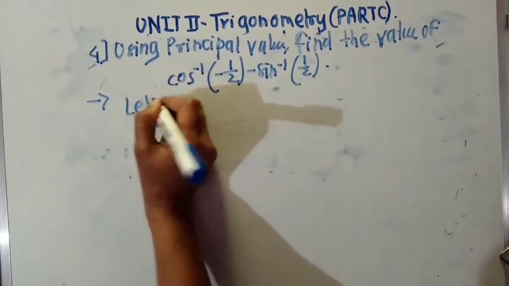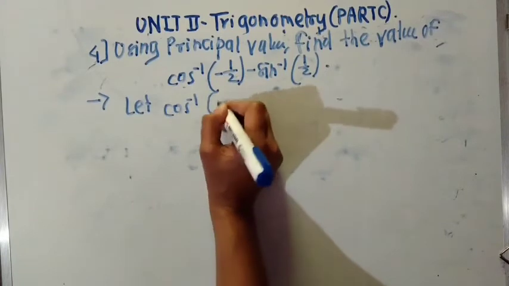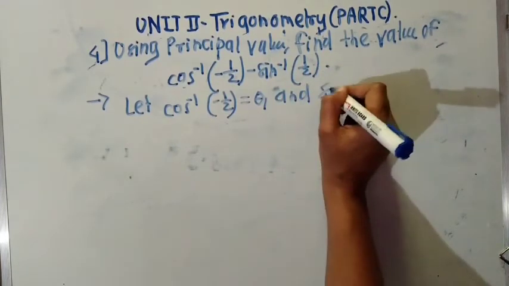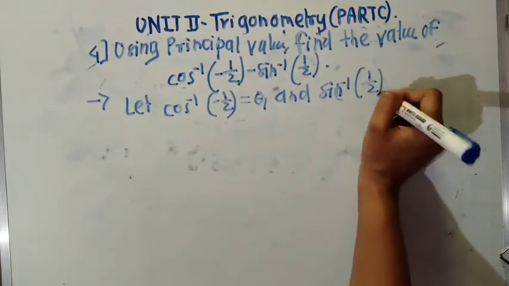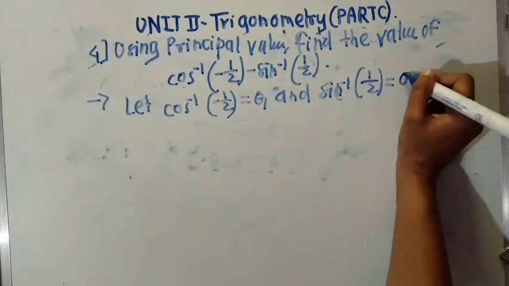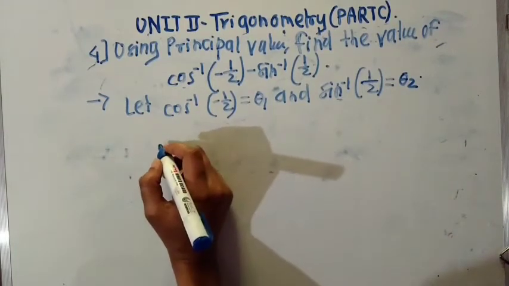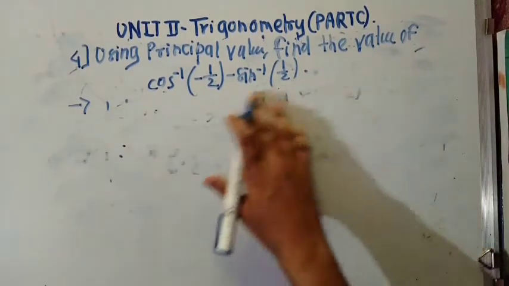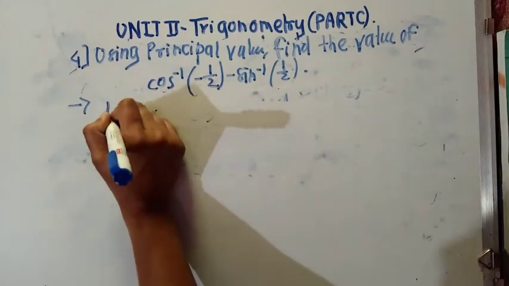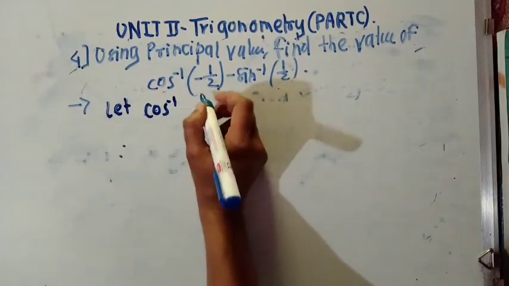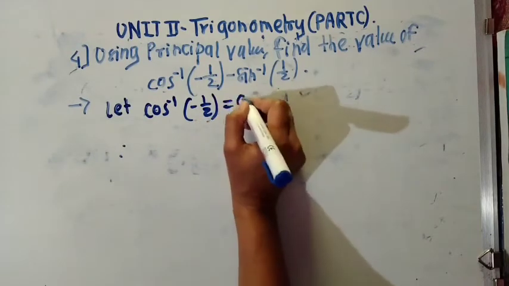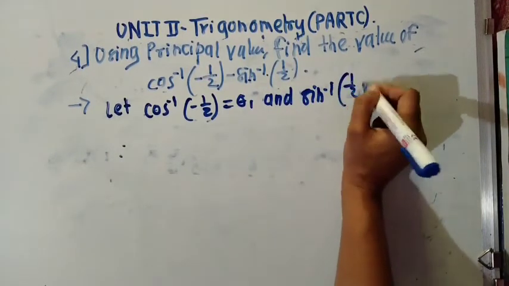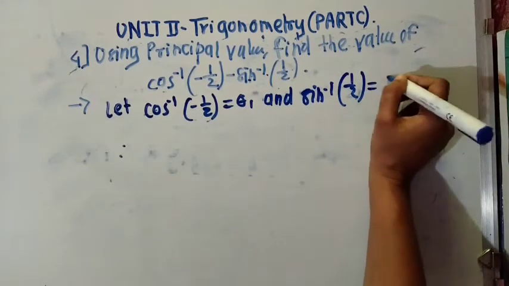Let us consider cos inverse of minus 1 by 2 as theta 1, and sin inverse of 1 by 2 as theta 2.